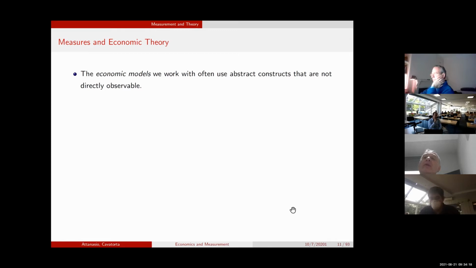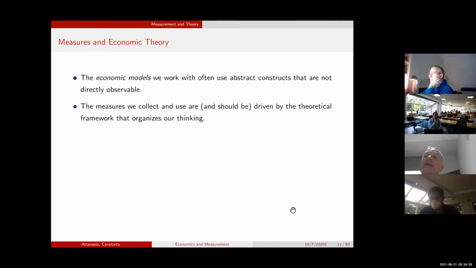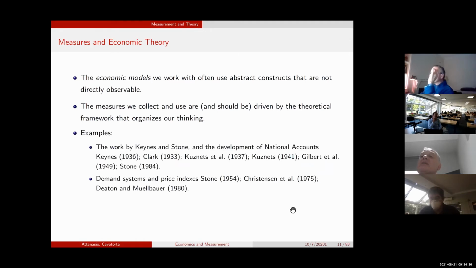When doing economic theories, the economic models we work with often use abstract constructs that are not directly observable. And so the measures we collect and use are driven by the theoretical framework that organizes our thinking. Now, this is nothing new. This has always been the case.